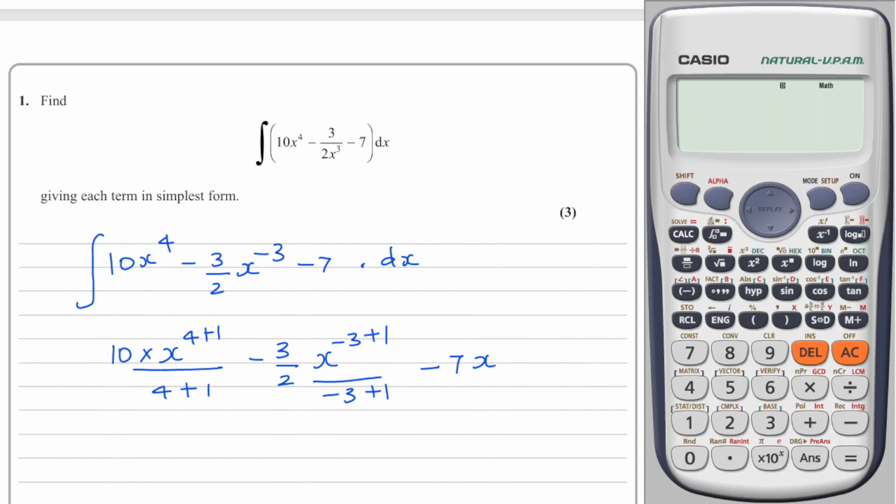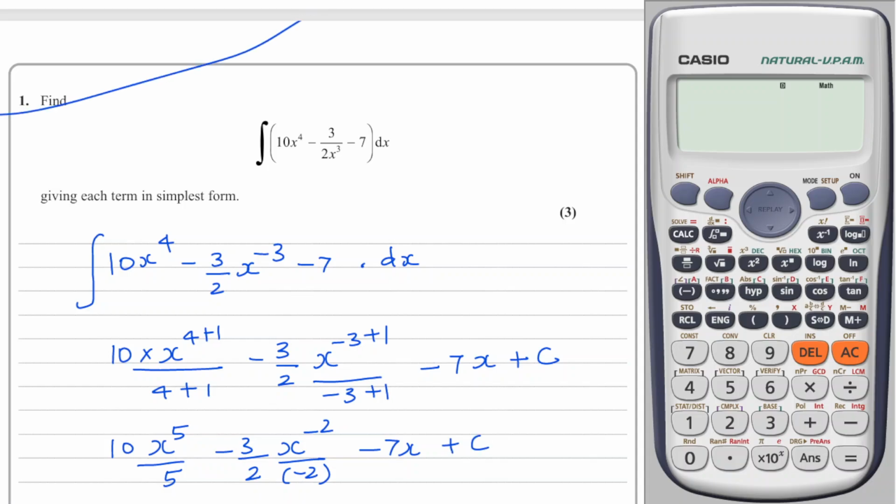Then this is an indefinite integral because there are no limits given, so we need to add the integral constant plus c. Now we need to reduce it. This is 10 x to the power 5 divided by 5 minus 3 by 2 x to the power minus 2 divided by minus 2, then minus 7x plus c.